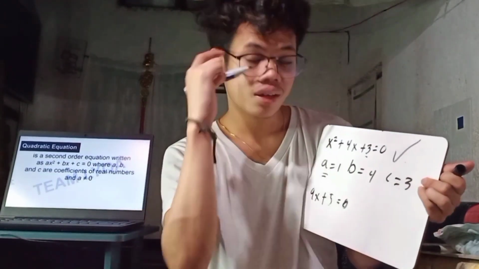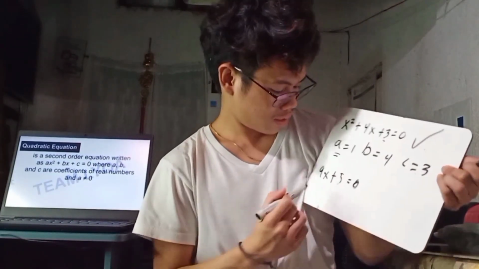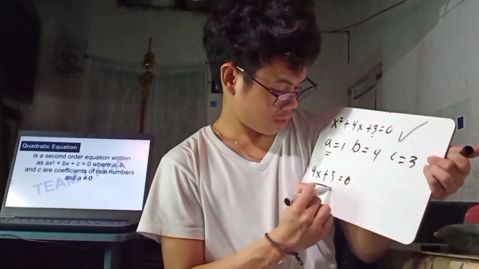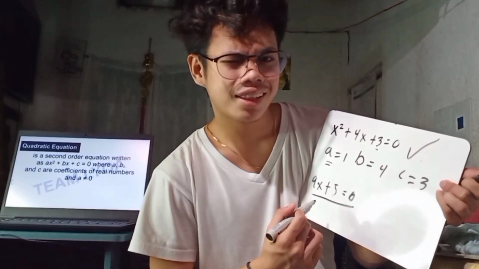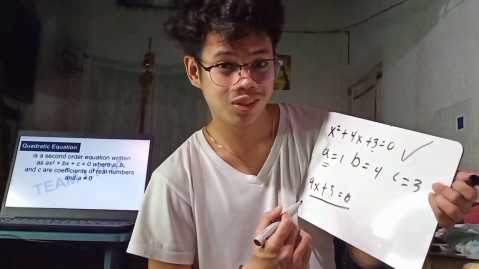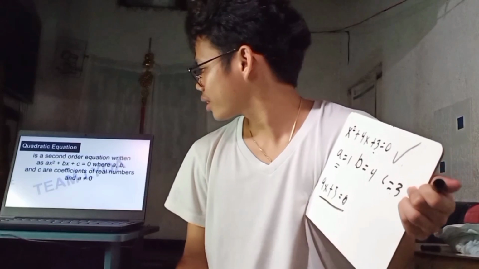Here in the second, 9x plus 5 is equal to 0. Is it a quadratic equation? Let's check.